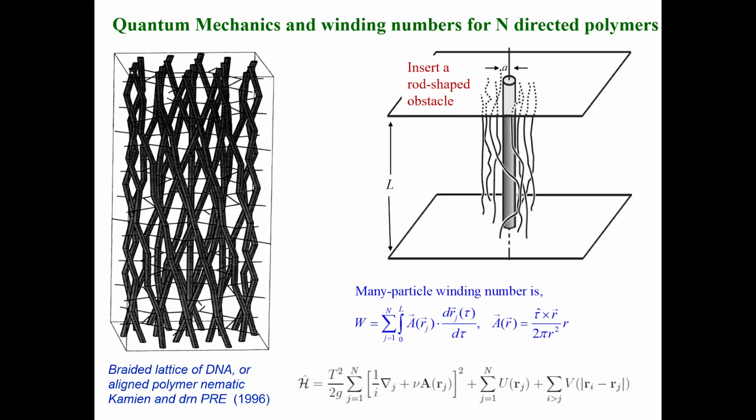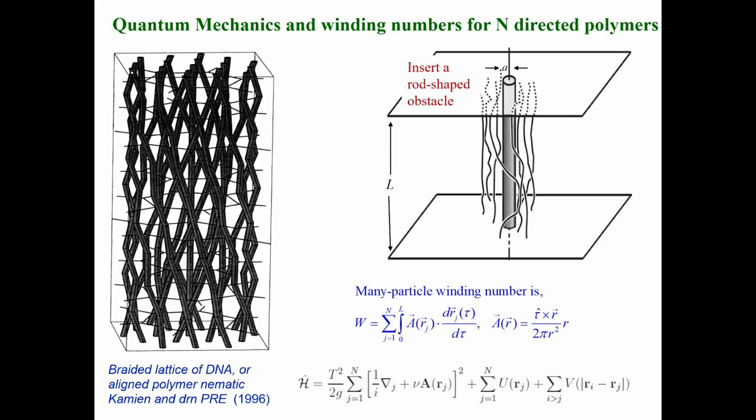So it's bosons, don't worry about the details, but if I know the eigenfunctions and eigenvalues of a Hamiltonian that looks like this: a sum over the interactions of each of these directed polymers with the barrier, with this rod-shaped obstacle. This is the interaction between the polymers themselves.